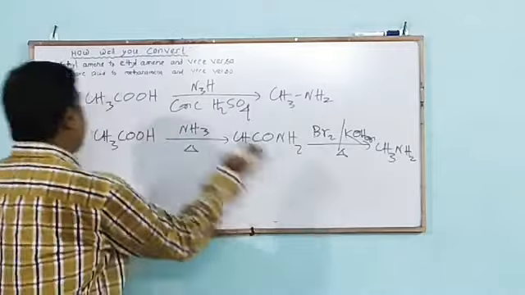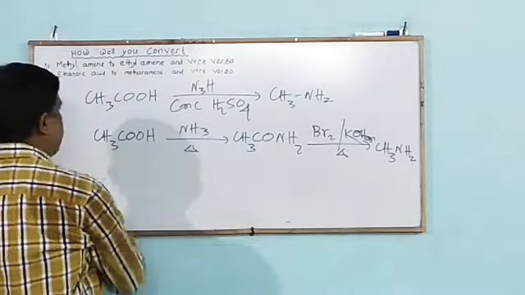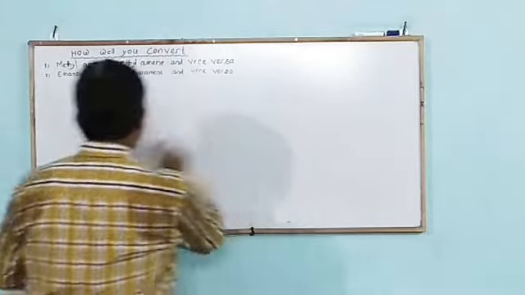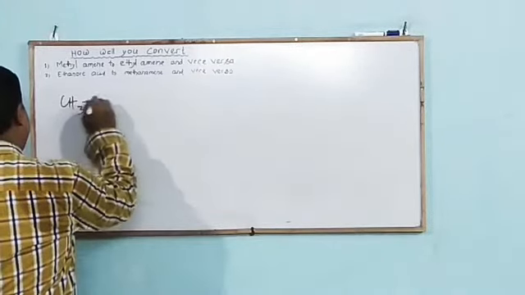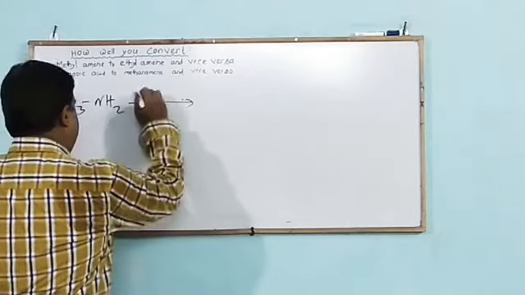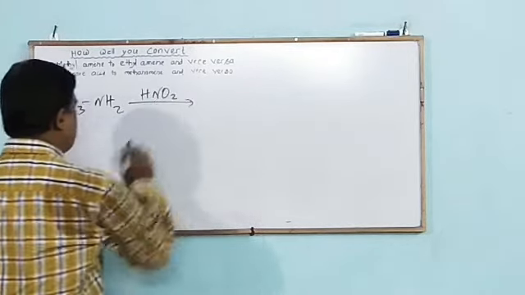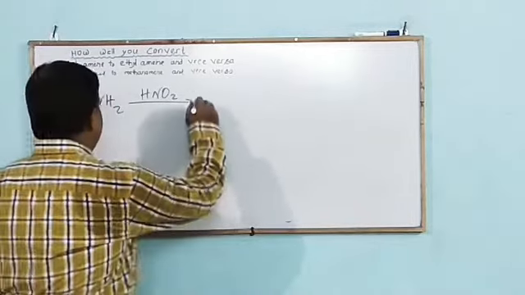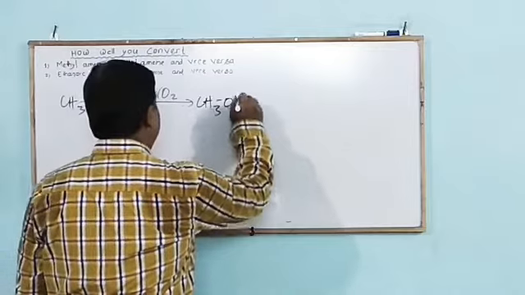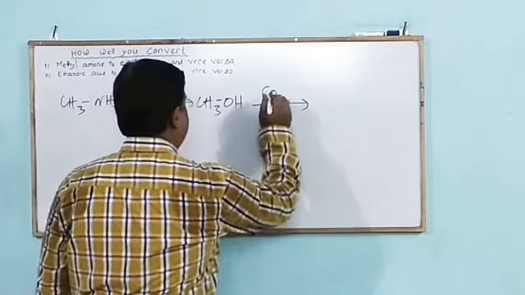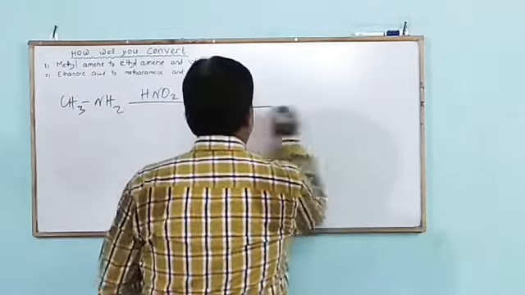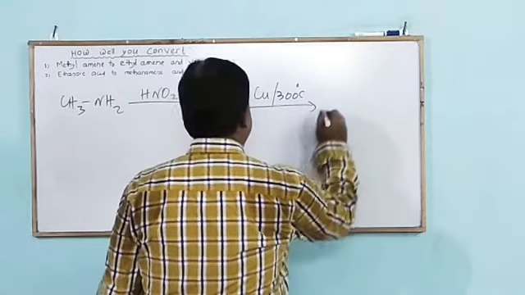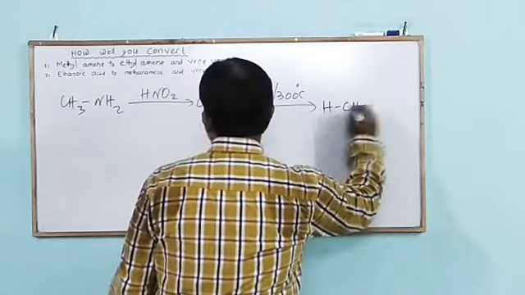Now acetic acid to methylamine is done. Next, methylamine to acetic acid. Methylamine reacts with nitrous acid to form methyl alcohol. Methyl alcohol treated with copper at 300 degrees Celsius forms formaldehyde.